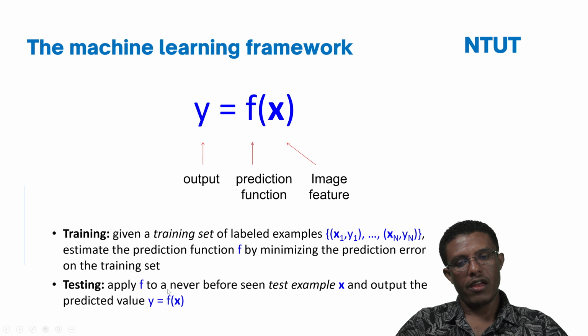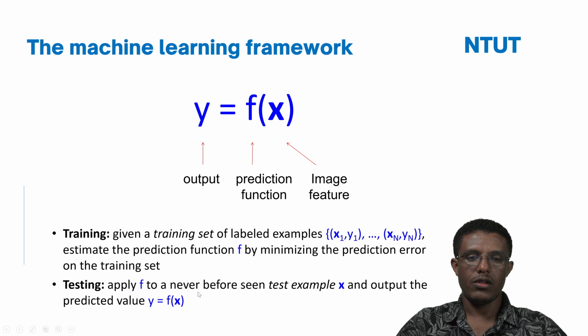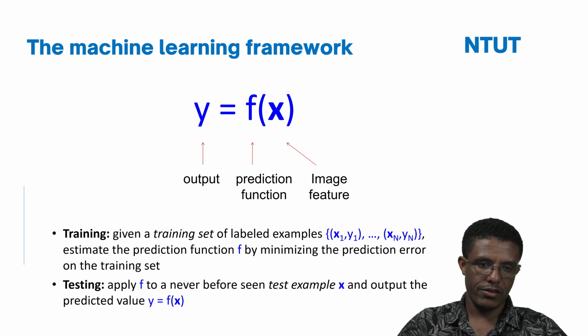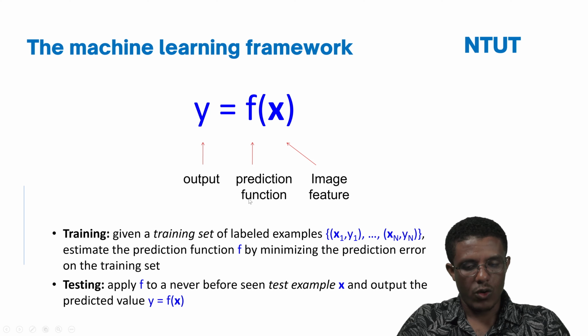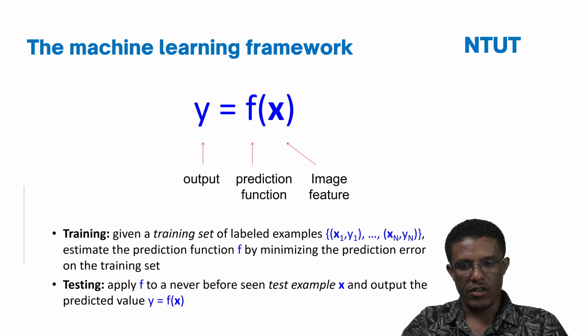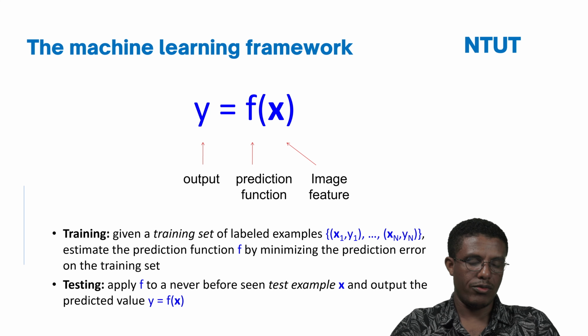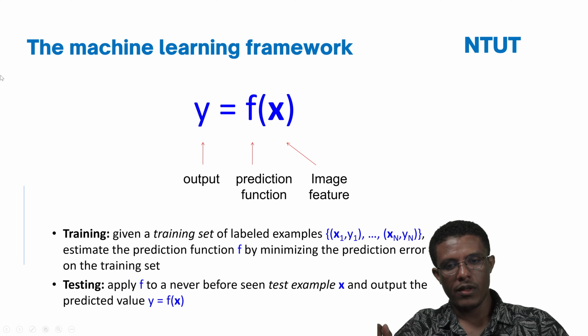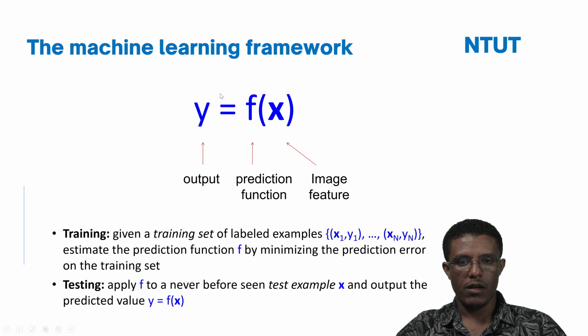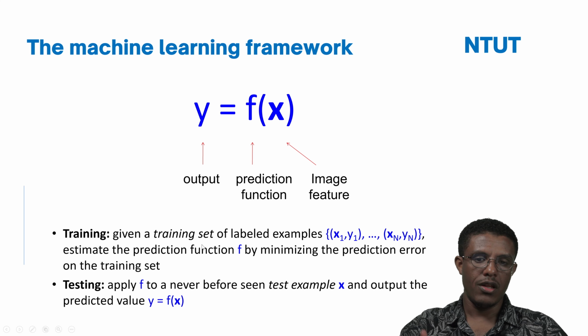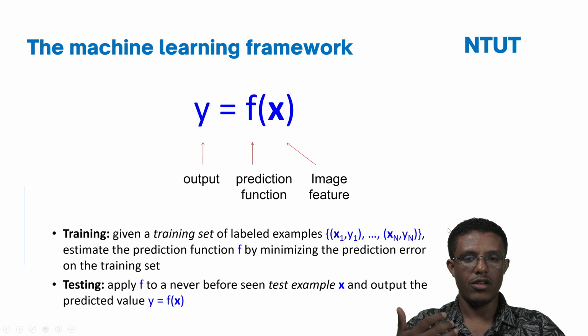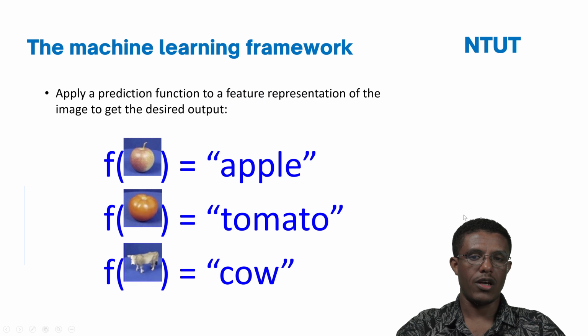Testing: apply f to a never before seen test example x, and the output, the predicted value y, is equal to f of x. This is the structure that defines training and testing. So once the model is trained, the next step is to test the model, and we should use testing data.